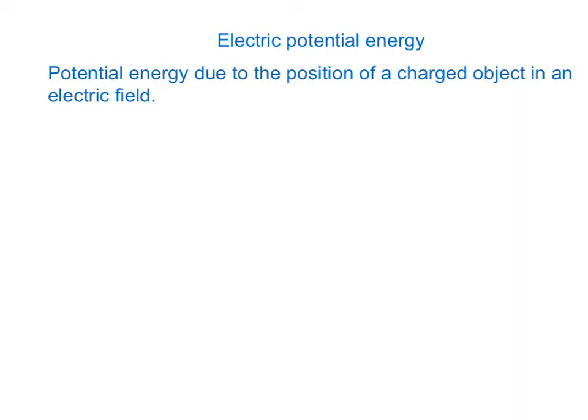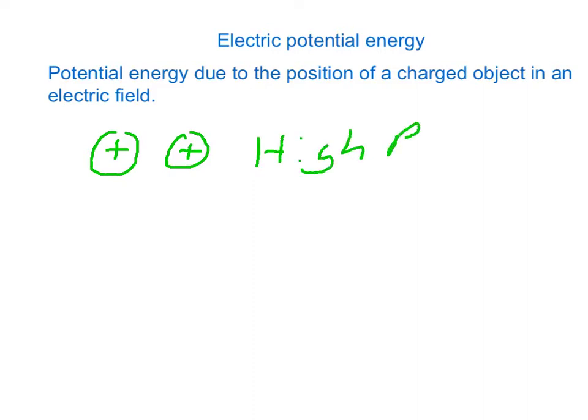Now, the concept sounds complicated, but actually it's really simple, because if you take a positive and another positive and you put them really close to each other, then you have really high potential energy, because they don't want to be next to each other. And the same is true for two negatives close to each other. Right? Very high potential energy.